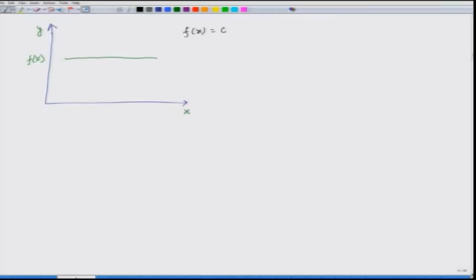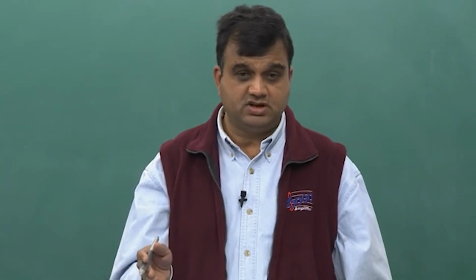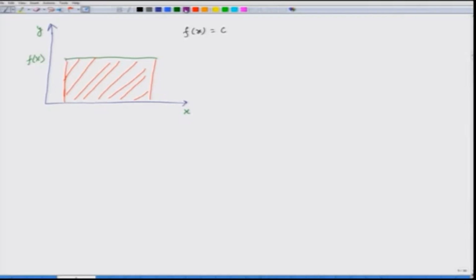So, the value of this f x is c as x is varying, and what I am interested in is to compute this area under the function. Because f x is equal to c, we know that if I integrate f x with respect to dx and evaluate that integral between the limits x1 and x2, I will be able to compute this area. So, that is what we will do.